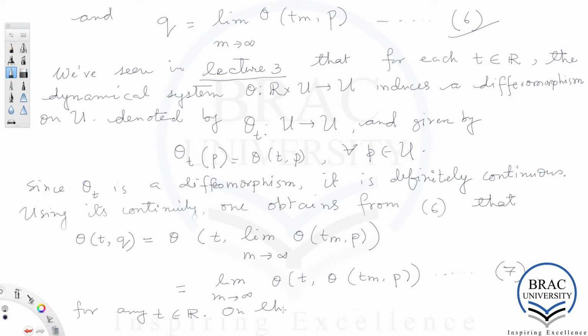On the other hand, one observes that theta t comma theta tm comma p is nothing but theta t plus tm comma p, using the properties of the flow map of a dynamical system, and this in turn is equal to theta tm comma theta t comma p.